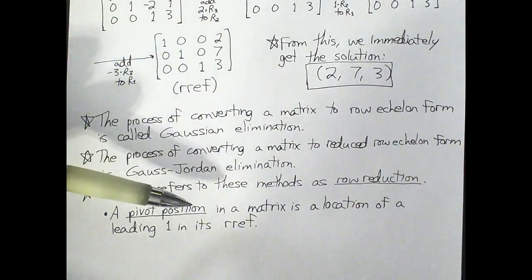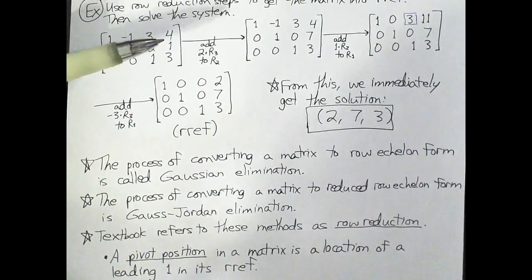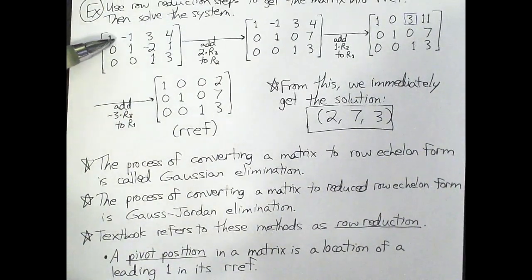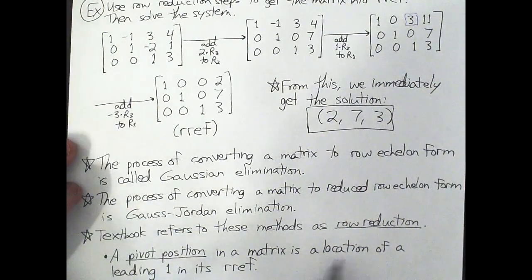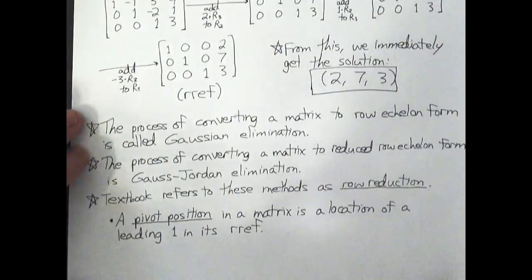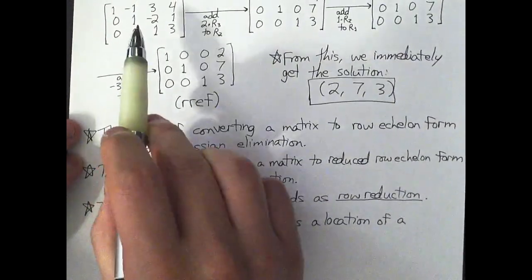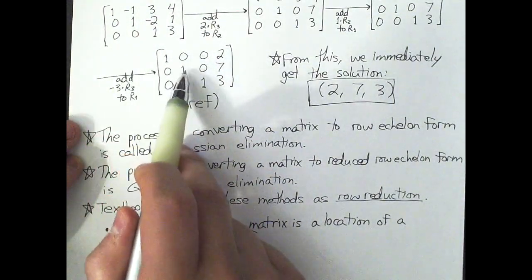But even before you get it into that reduced row echelon form, you can still call those the pivot positions. They're the locations of where the ones are going to be once you get it into reduced form. They might not even be ones when you first start out, but they will be by the end of it.